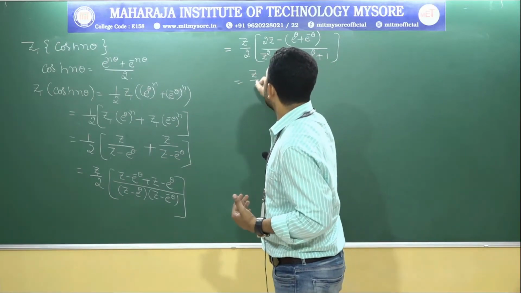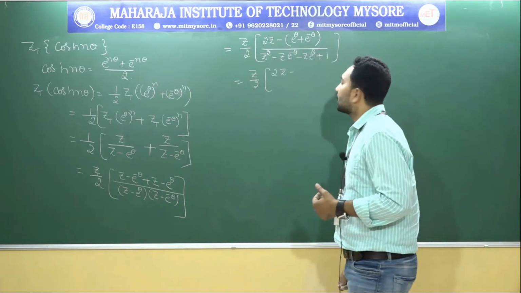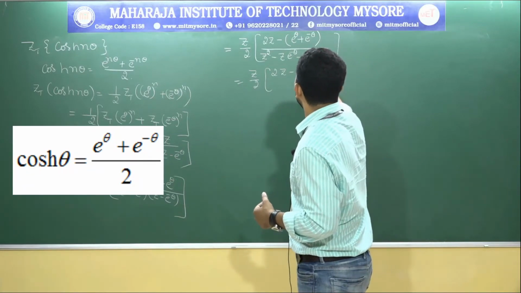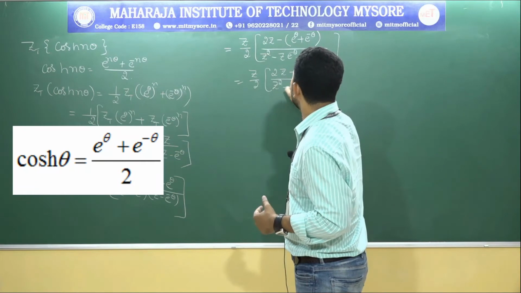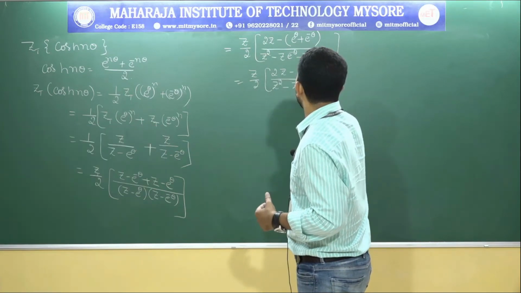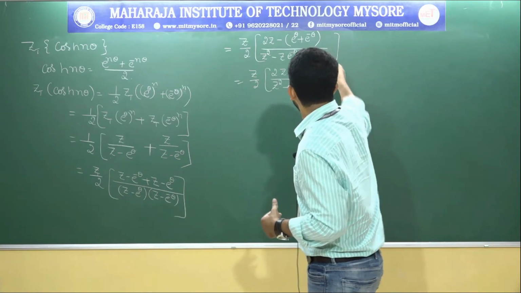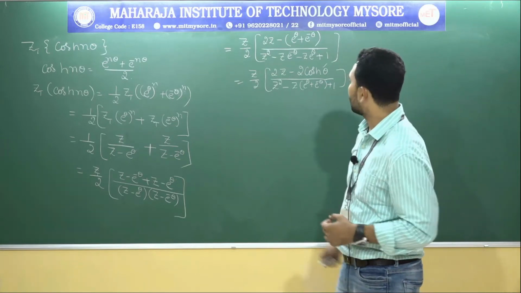I can write this as z by 2 into 2z minus, e power theta plus e power minus theta is 2 into cos hyperbolic theta. And in the denominator z², taking minus z common, we get e power theta plus e power minus theta, which is also 2 cos hyperbolic theta, plus 1.